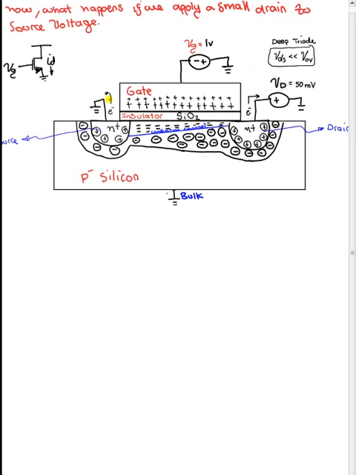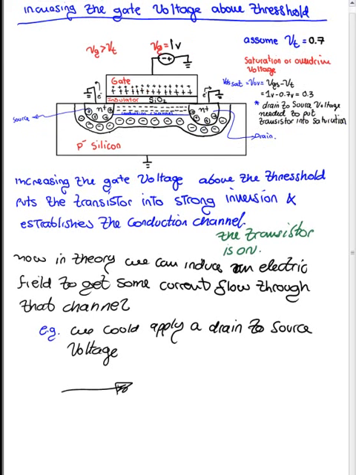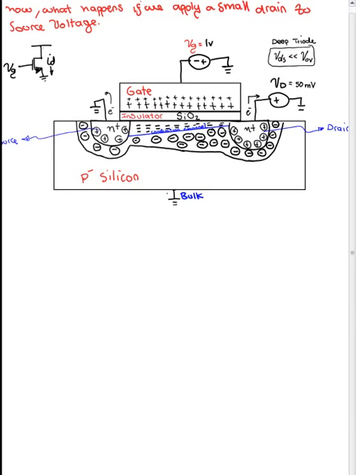Let's remember what the overdrive voltage was: the gate to source voltage minus the threshold voltage, which we defined to be 0.3 volts, and it was the drain to source voltage needed to put the transistor into saturation. So we know the transistor is not in saturation because it's less than that, and it's much less than that, which puts the transistor into the deep triode region.